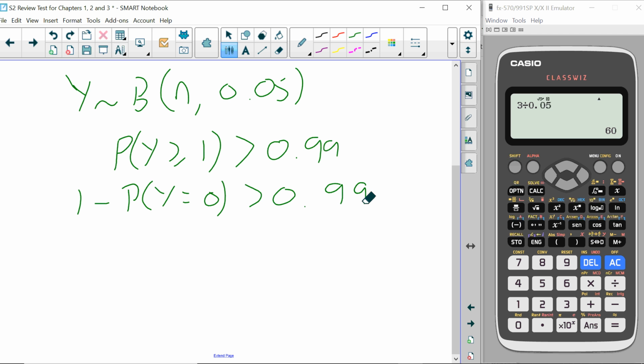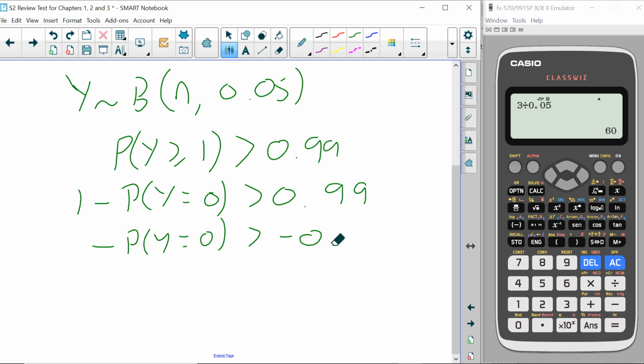While dealing with the inequality, I'm not going to try and move the p over there. I'm going to keep that p still because I don't want the inequality to get all confused. Take away 1 from both sides. Minus the probability that y is equal to 0 is greater than 0.99 minus 1.